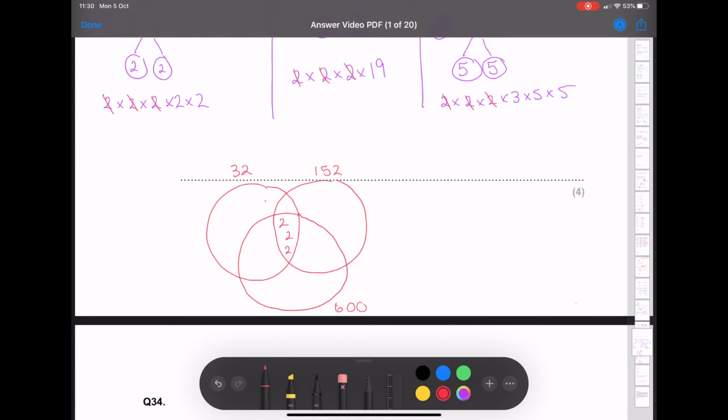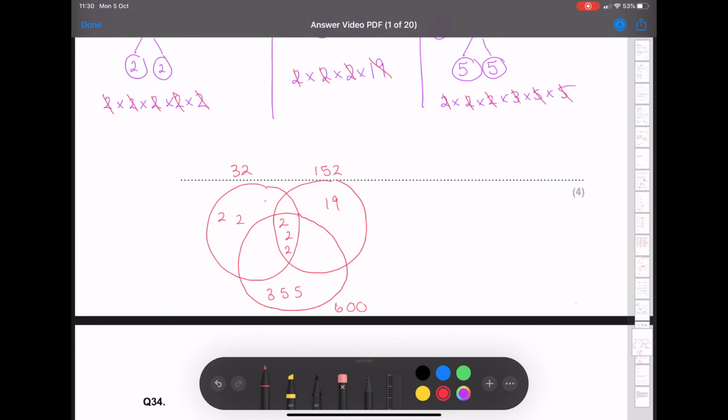Now we've run out of 2's on this one, so I can't put any more 2's in, even though I've got 2's left in the others. So in 32, I'm left with just 2 2's there, just there and there. In 152, I'm just left with 19. And with 600, I'm left with 3, 5, and 5.